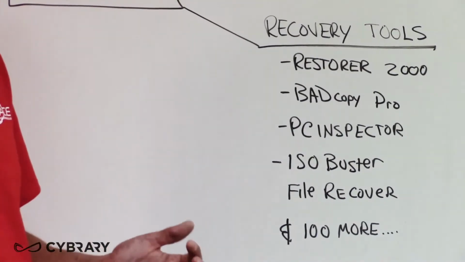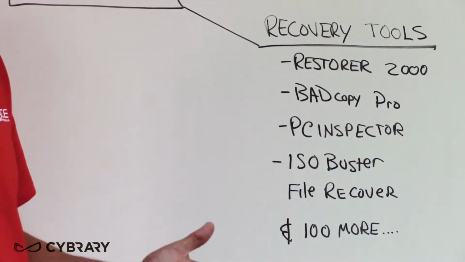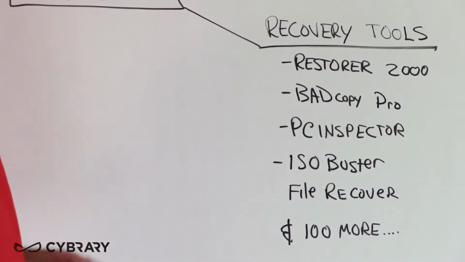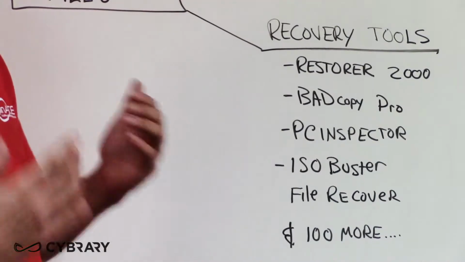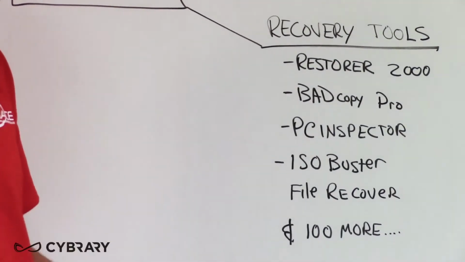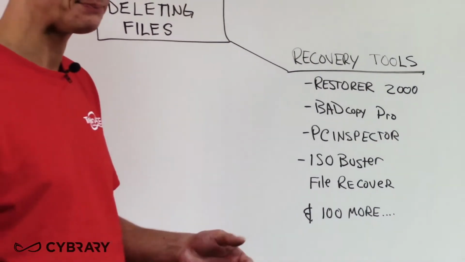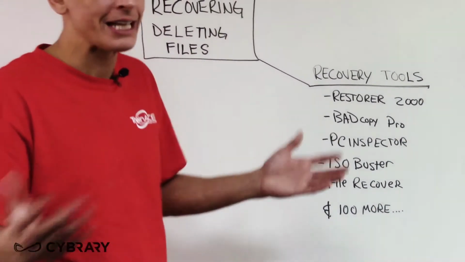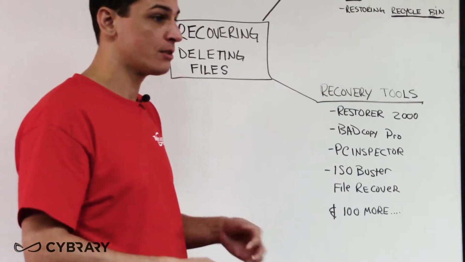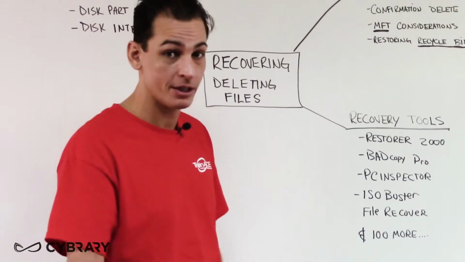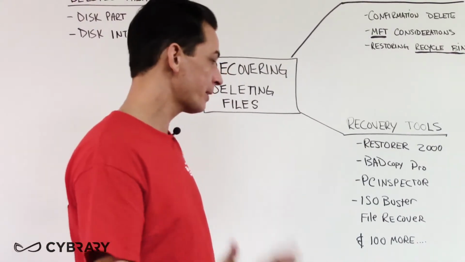So these free to trial tools that you can get from download.com and things like that are in many cases worth a try. Most of the time, the tools work pretty consistently and the same. However, not every tool is created equal. Sometimes you have tools that don't see anything that you've deleted, and other times you have tools that you think are not going to recover anything, and they give you everything that you've deleted back. So it really depends.